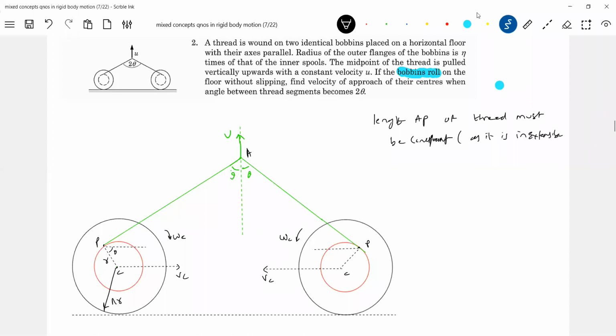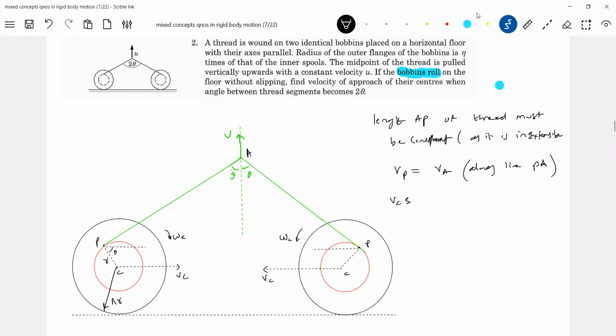Bring the constant equation. What is the velocity, or the speed, of point P? Vc sine theta plus R omega c. Vp should be equal to Va along the line PA. What is Vp?